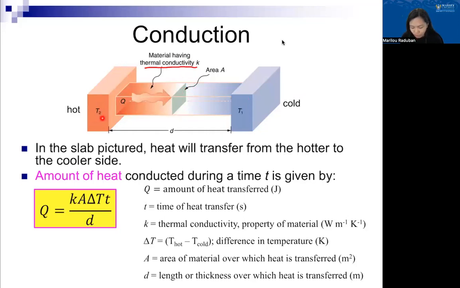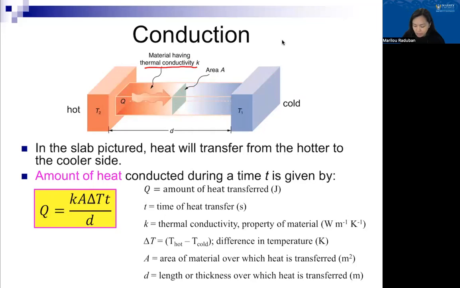The actual area of the hot and cold objects is bigger than the area in direct contact, but it's over the area in direct contact that heat will transfer from hot to cold. And the bigger that area, the bigger the amount of heat transferred. So you see this direct relationship between the area in contact and the amount of heat being transferred.